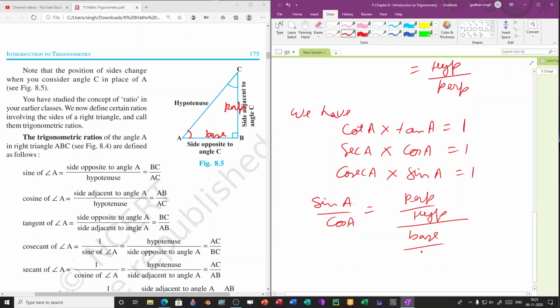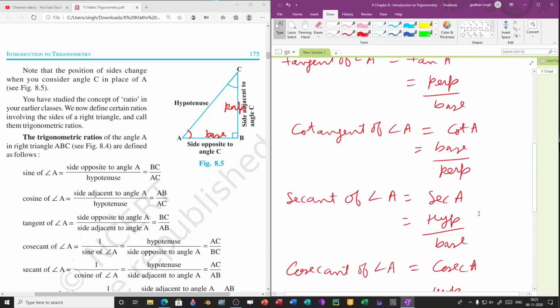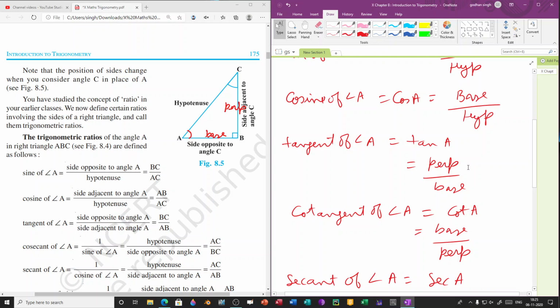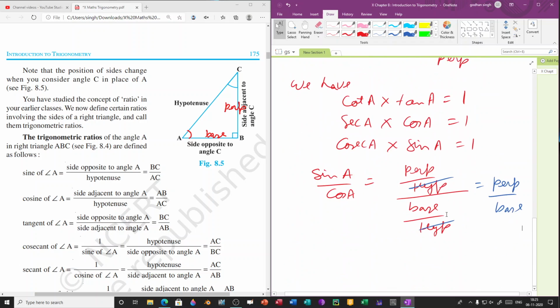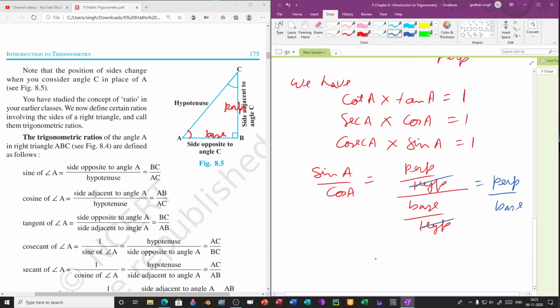In both we can cancel out the hypotenuse. So the remaining is perpendicular by base. Now if you remember, perpendicular by base is known as tangent of A. So that is equal to tan A.